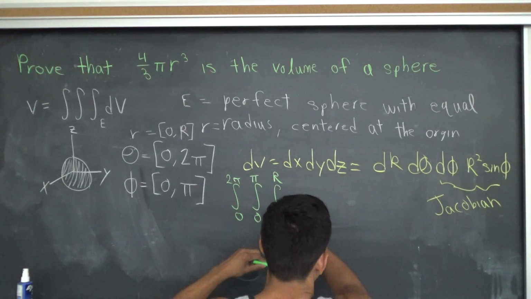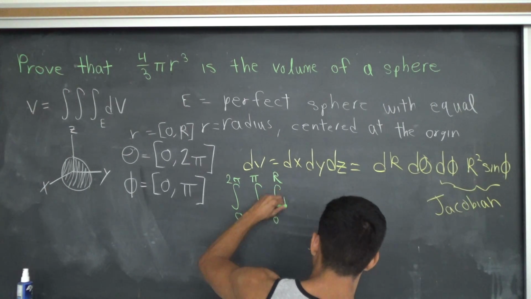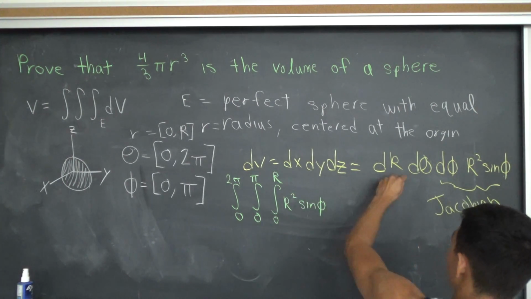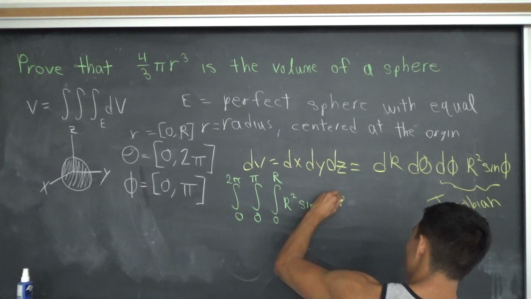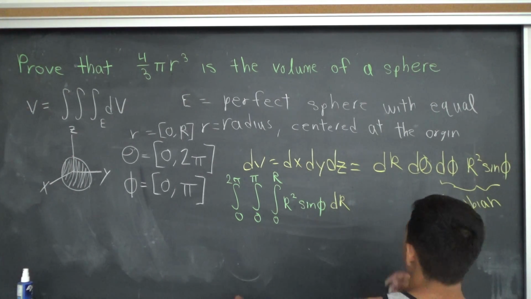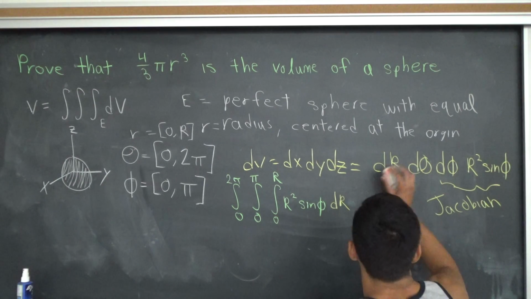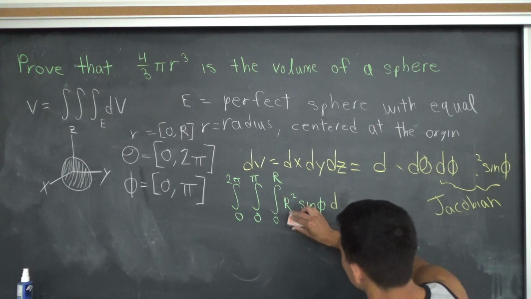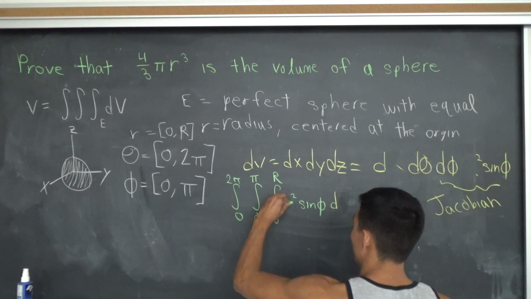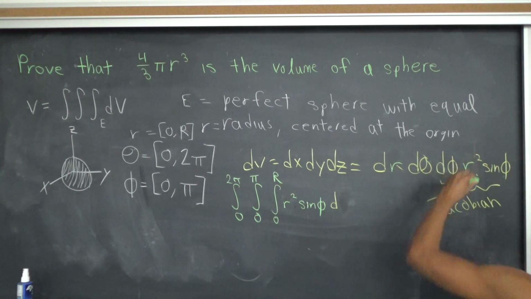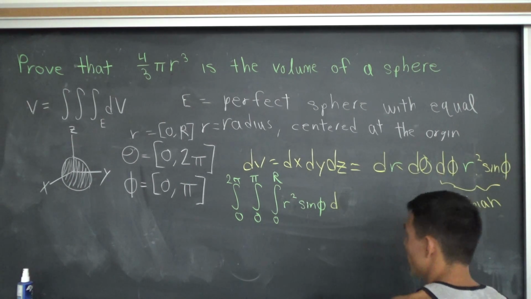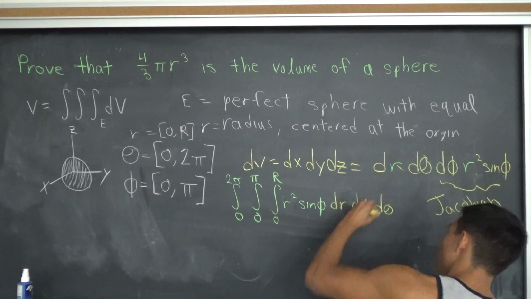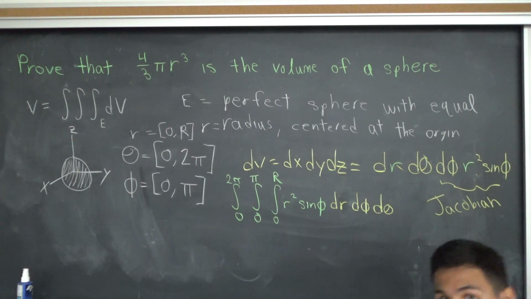Note we have the r squared sine phi, and then dr. Actually, one second, I'm just trying to keep the notation proper here: little r, little r, and little r. So there we go, 100% correct notation. No need to worry. Then we have d phi and d theta. That's what we have.